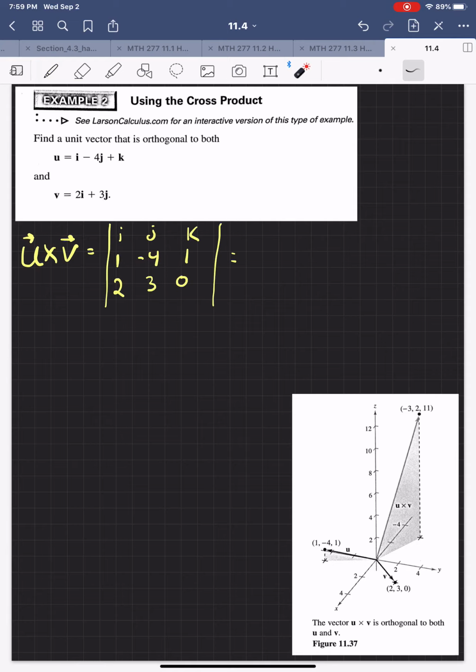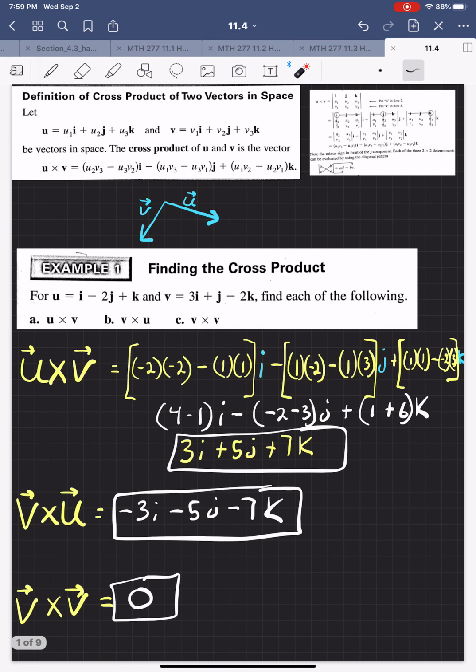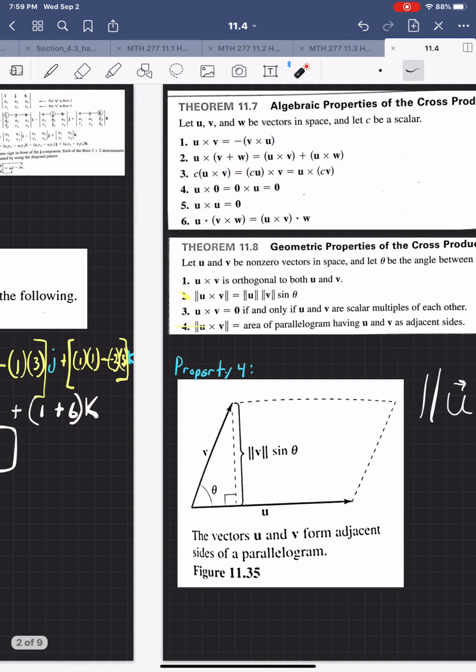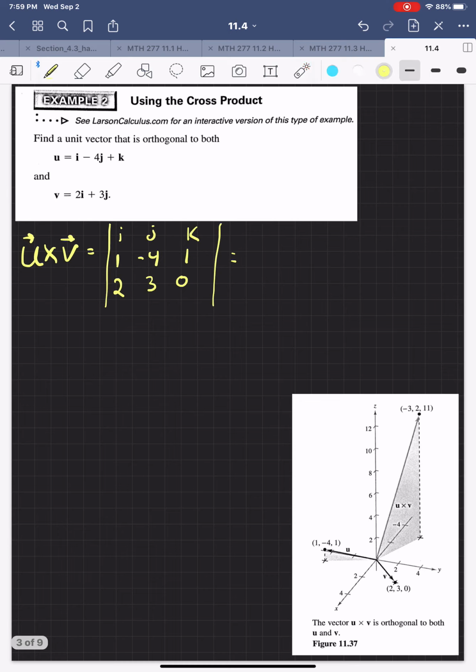So without continuously scrolling back to our definition here that we're using, I'm just going to go ahead and get started. This is the way that I like to think about it when I'm doing cross products.